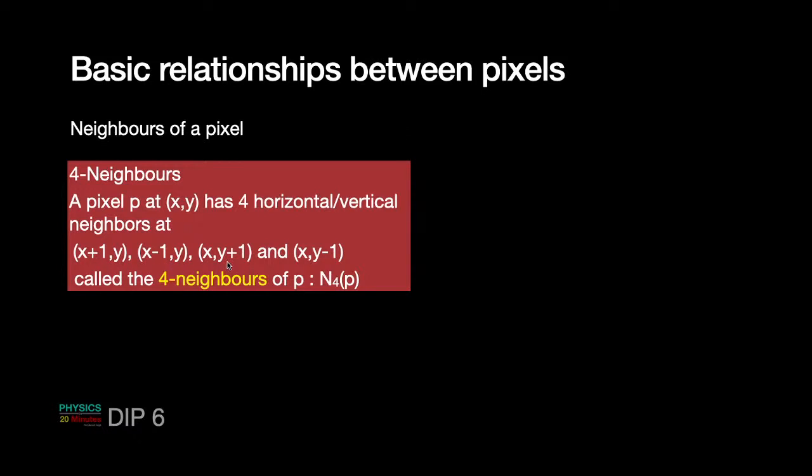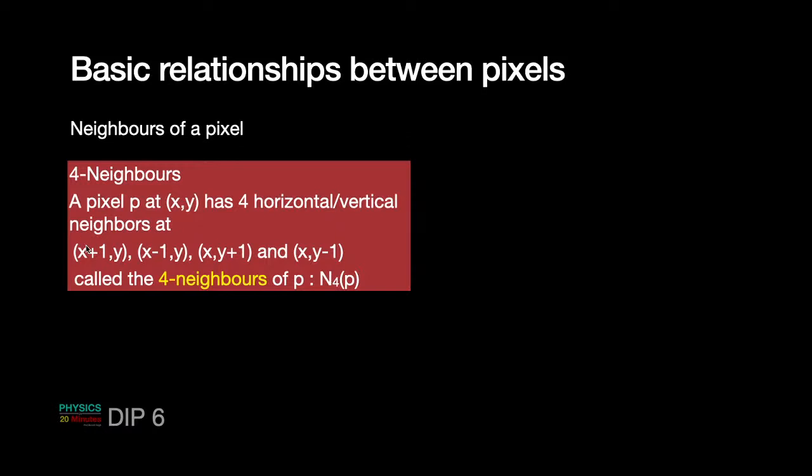And then one above, (x, y+1), and one below, (x, y-1). These are the 4 neighbors, and they form a set called N4. Whenever we write a set N4 in DIP, it means we are looking at four neighbors which are left, right, top and bottom.